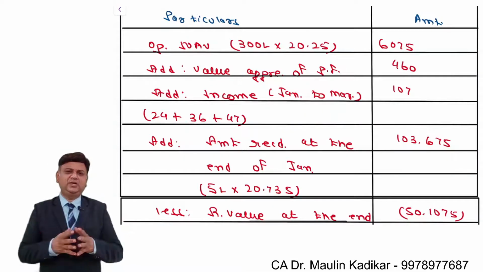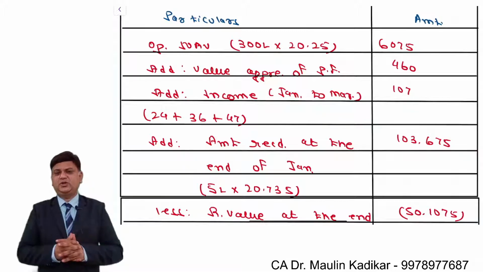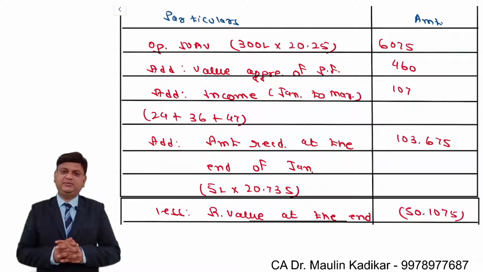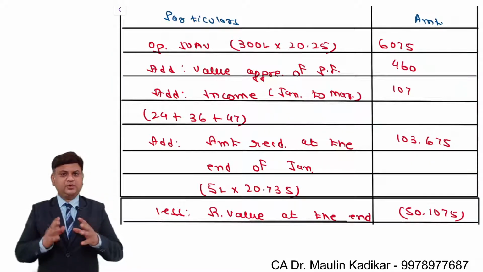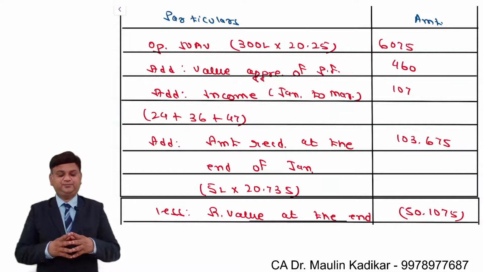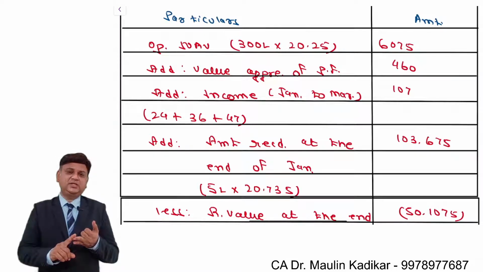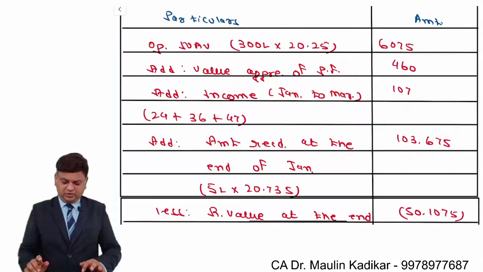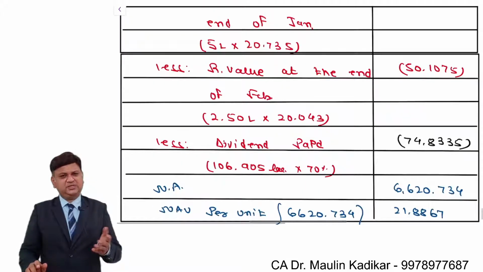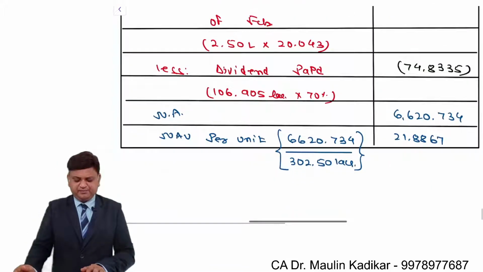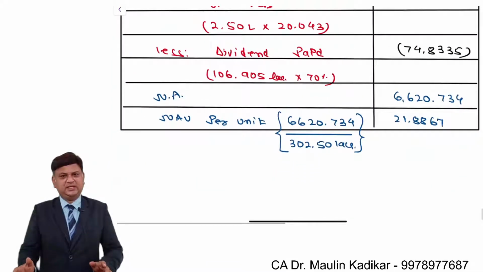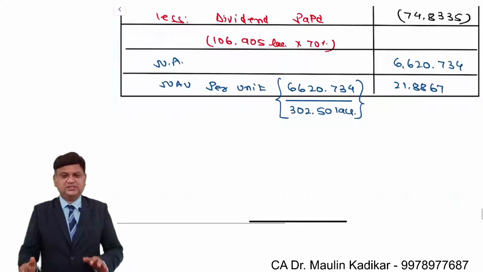So we are just ignoring it. This question has already been asked by the institute in an examination, wherein they have supported this kind of suggested answer. So it's very simple: opening net asset plus income during these 3 months, amount received, appreciation of the portfolio, minus redemption value, minus the payment of the dividend. So net asset divided by the number of units is the net asset value.